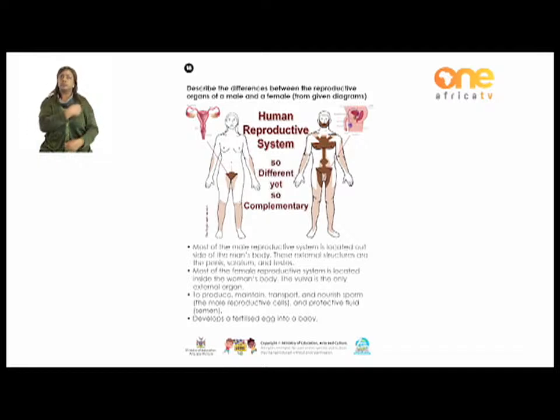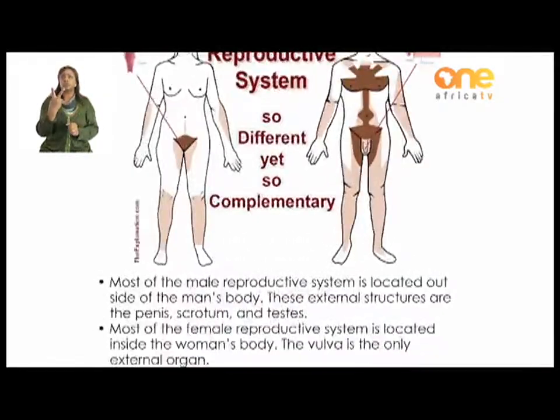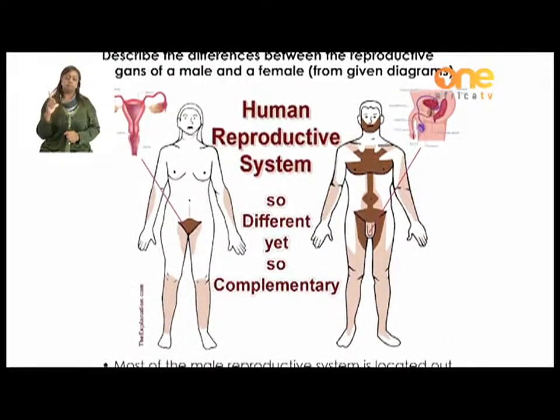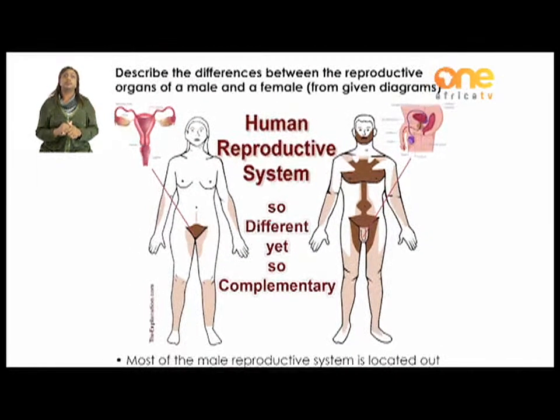You should be able to describe the differences between the reproductive organs of a male and a female from given diagrams. So here on page 18, we have two diagrams, one on the left and one on the right, of a male and female.